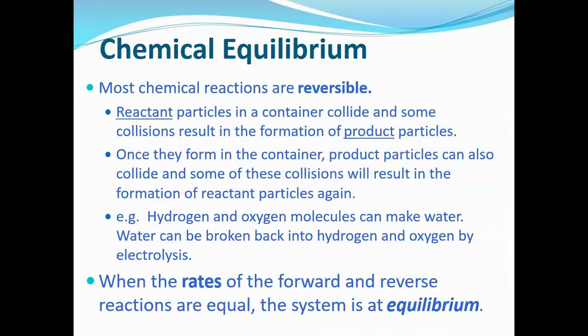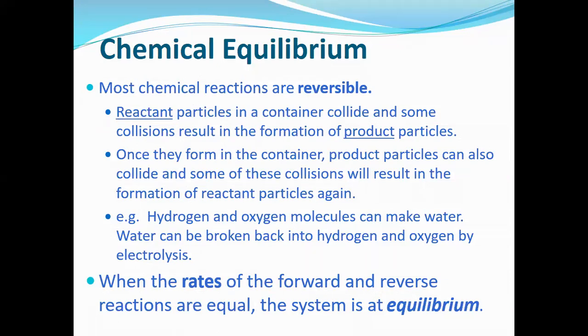So in chemistry, in grade 9, grade 10, grade 11 chemistry, we only think of reactions happening as reactants becoming products, right? We think of the reaction as being only a forward direction. But in fact, most chemical reactions are reversible. If you put hydrogen molecules and oxygen molecules together, they will react and create water vapor.